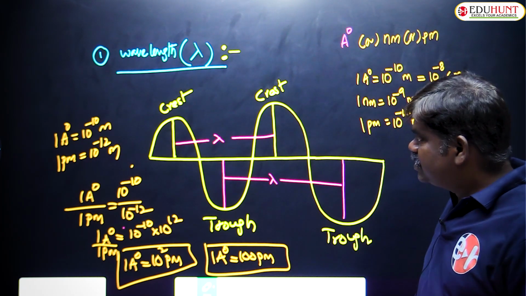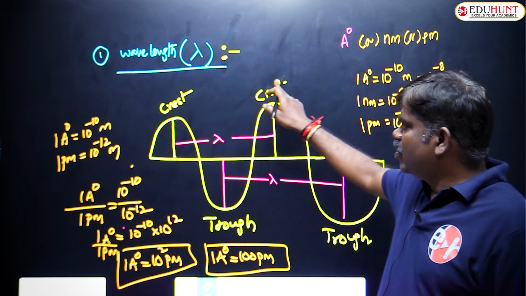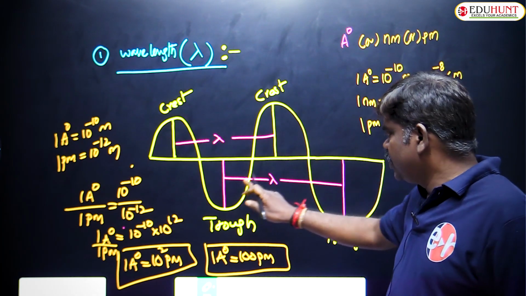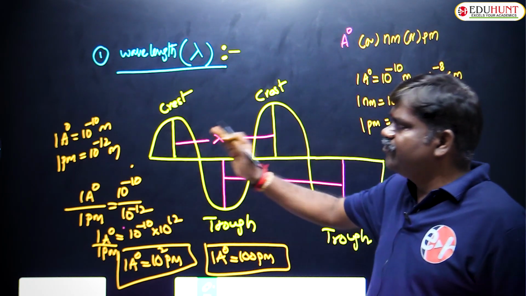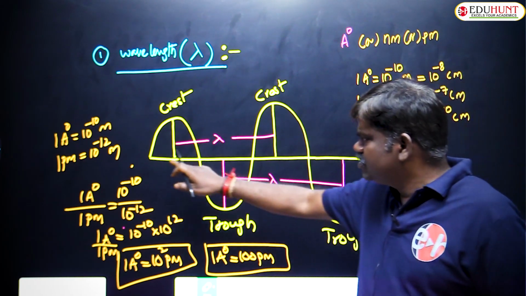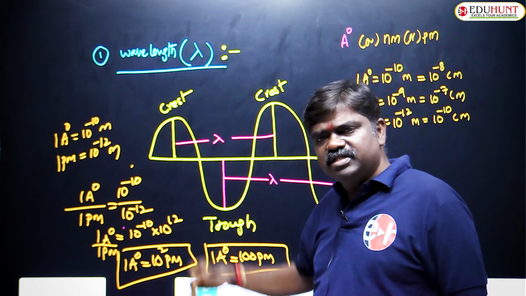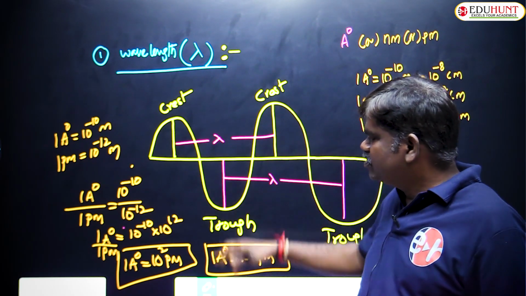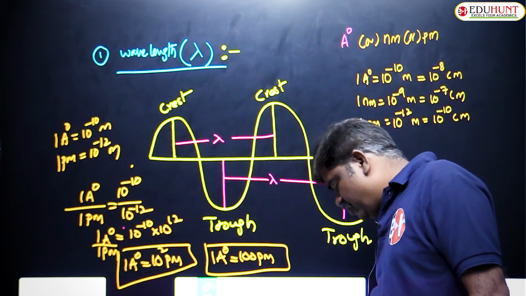Understood? Wavelength is the distance between two successive crests or two successive troughs. Crest means the part of the wave above the axis, and trough means the part below the axis. Understood?